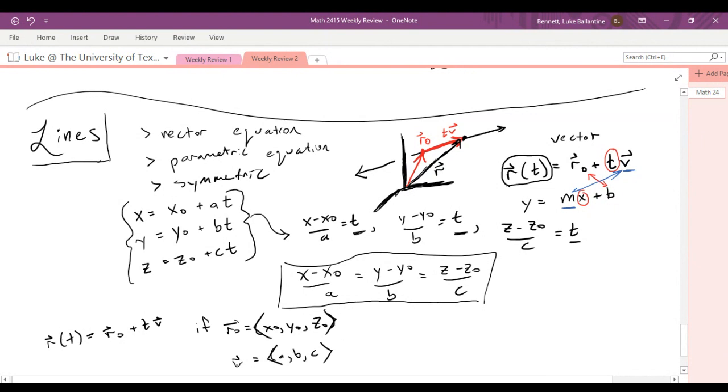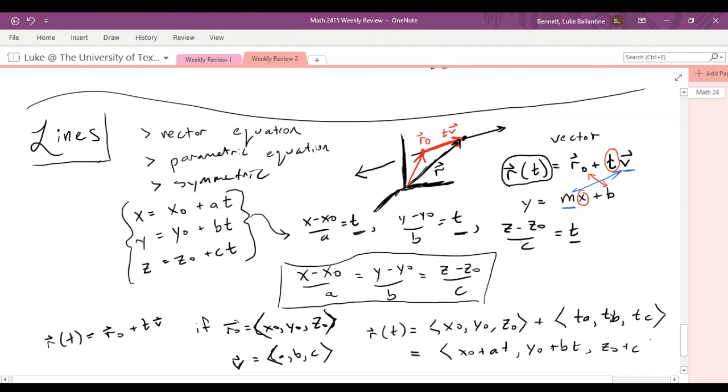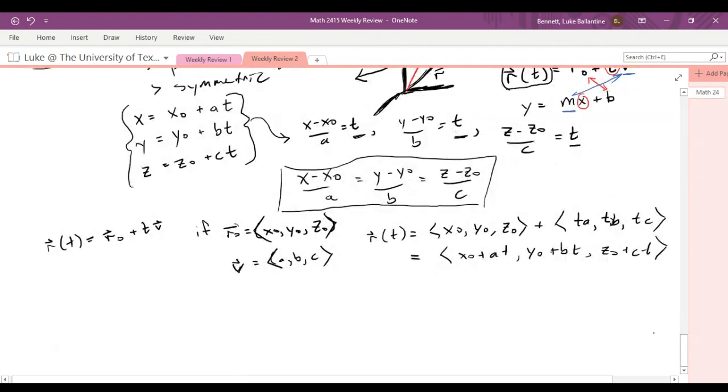Then we're multiplying t times v. Really what this vector equation turns out to be is x naught, y naught, z naught plus ta, tb, tc. And then we could add these two vectors. We have x naught plus at, y naught plus bt, and then z naught plus ct. Notice that's the same thing as the parametric equation. They're all really the same.